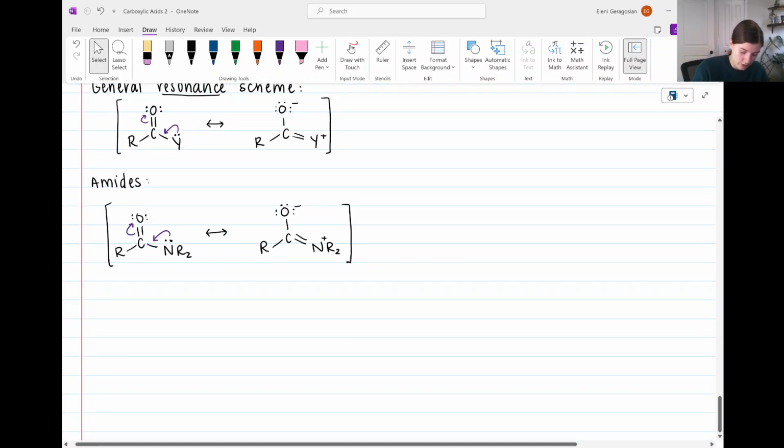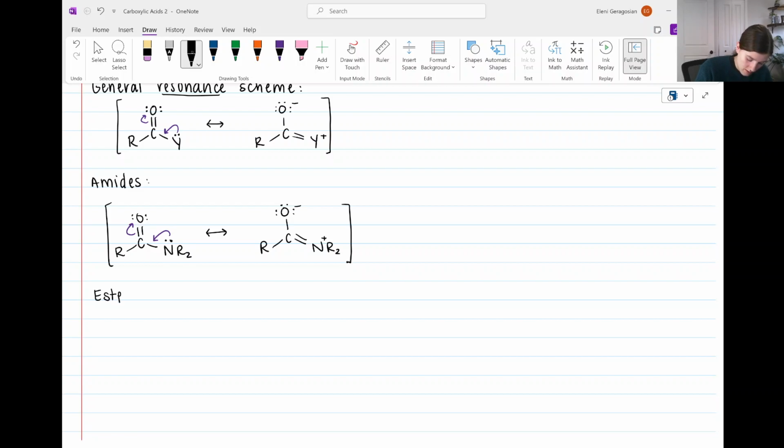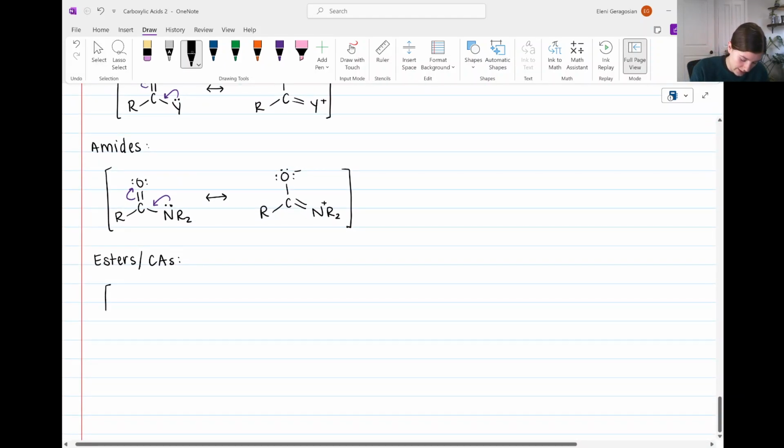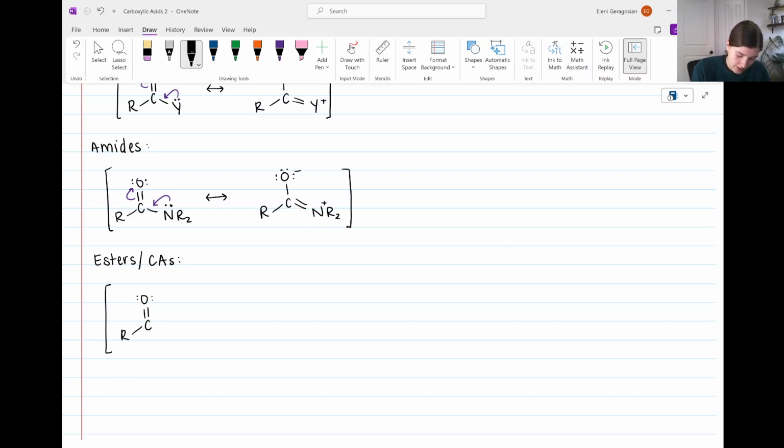Now let's draw the same thing for esters. And really carboxylic acids would have a similar resonance structure since the Y group is an oxygen for both of these, for both esters and carboxylic acids. So esters / carboxylic acids, we have our acyl group, carbonyl carbon bonded to an oxygen, and then we'll say that oxygen's bonded to an R group. If that R, we'll say that's R prime. That R is a hydrogen, it's a carboxylic acid.